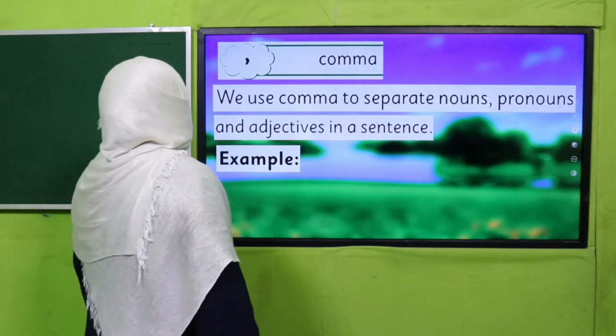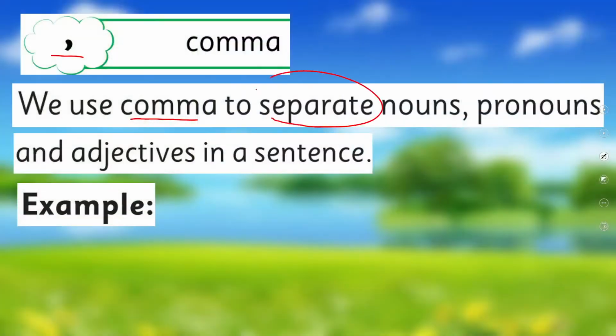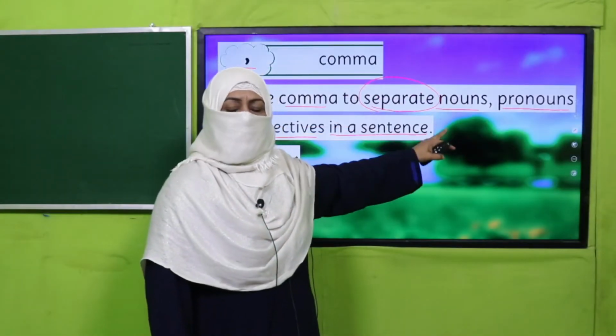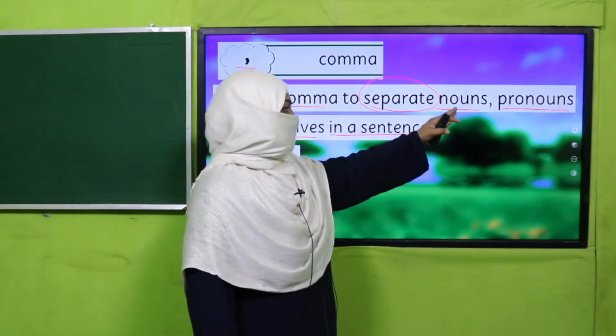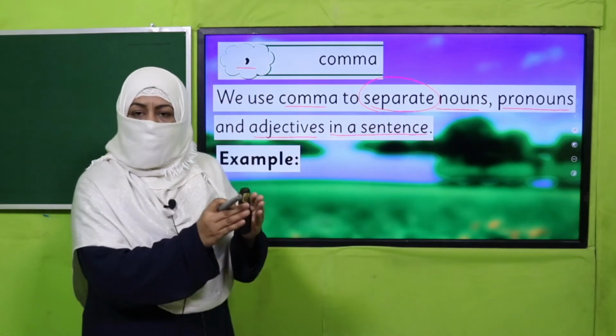The next is comma. We use comma to separate what? Nouns, pronouns, and adjectives in a sentence. And we know if in a sentence there are three or more nouns, pronouns, or adjectives, and we want to write them in one sentence, we put a comma to separate them.